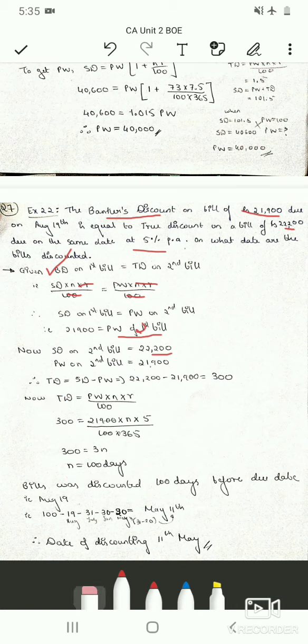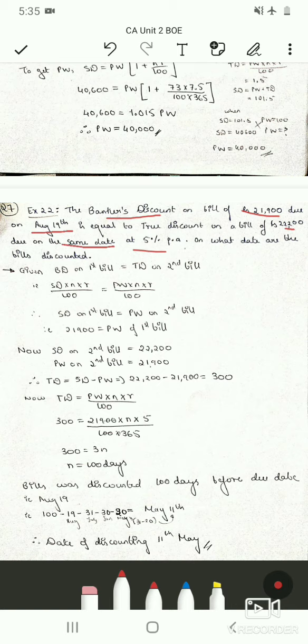N is 100 days. So now we are interested to find when was the bill discounted. So in other problems, when date of discounting is given and when legal due date is given, the n will be the number of days between these two dates. But they have given in this question the bills were due on 19th August.